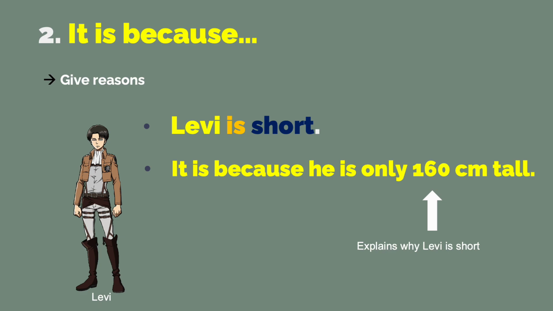Levi is short. But if we want to enrich our content, we can add one more sentence. We can explain why Levi is short by saying it is because he is only 160 cm tall. So this sentence explains why Levi is short and enriches your content in the writing.